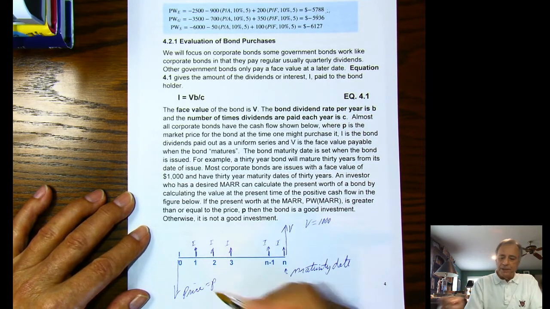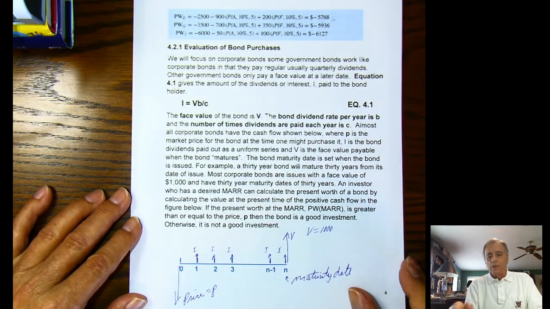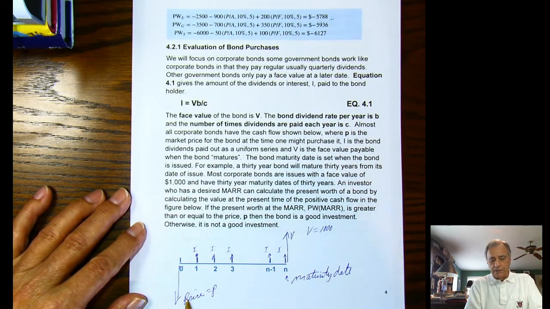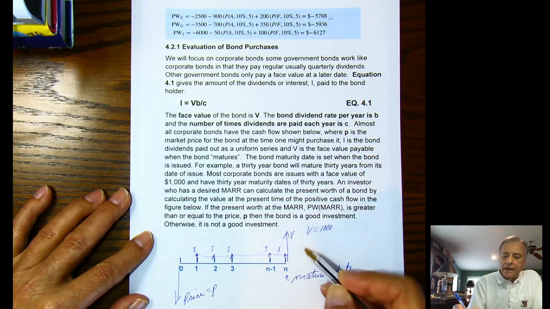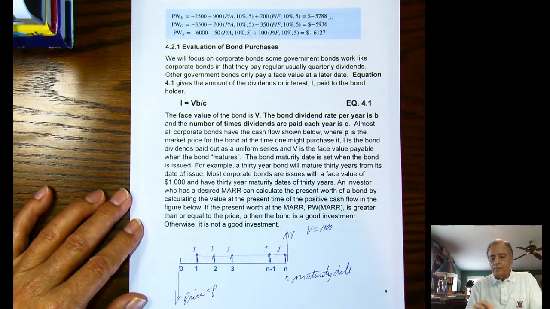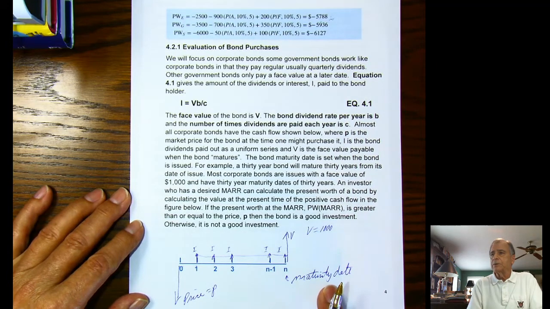I used a little p to represent that, but that's my choice. Basically, you're going to pay something now, and what you're going to receive is a uniform series and a future value. This future value is known if you hold the bond to maturity.